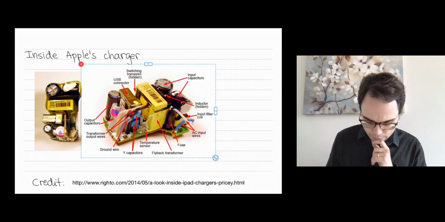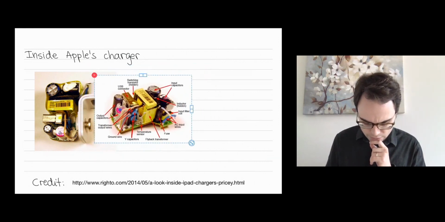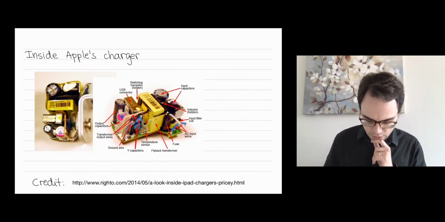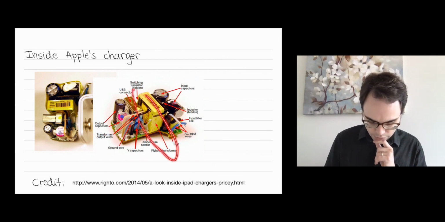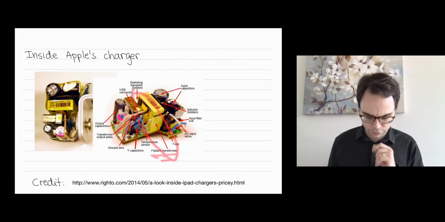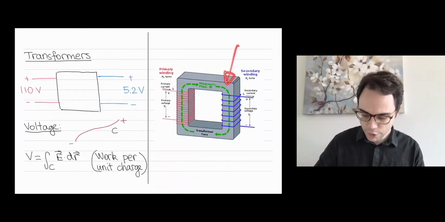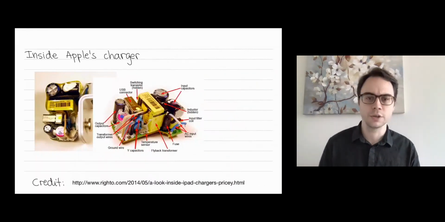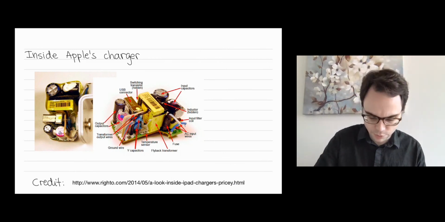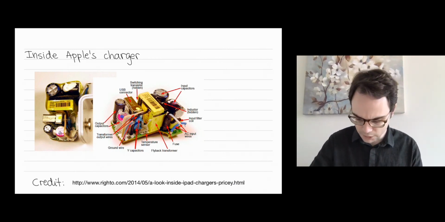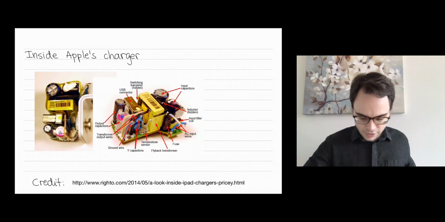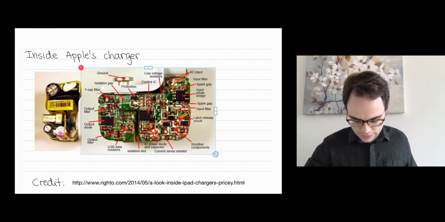It's a pretty complicated thing with a bunch of components, and we're interested in the yellow part. That's the transformer. It's called a flyback transformer. Not exactly the same kind as in this schematic, but it still shares many of the same features with the one we're going to discuss in more detail. I should note that this little box is pretty complicated.